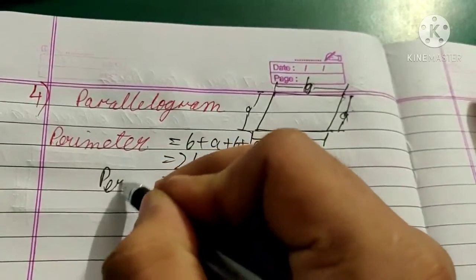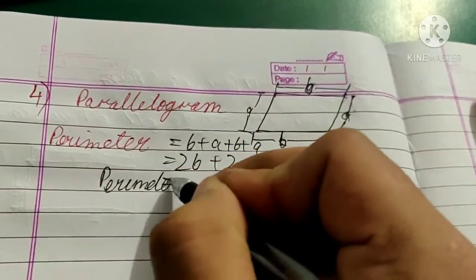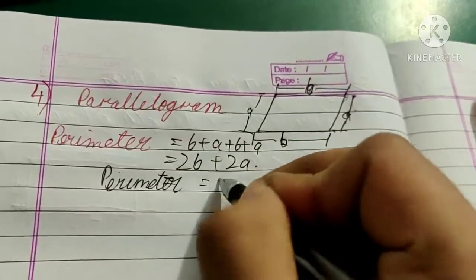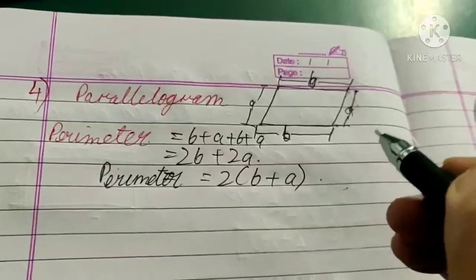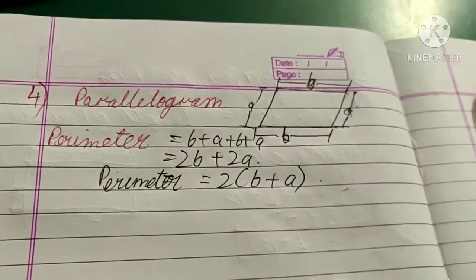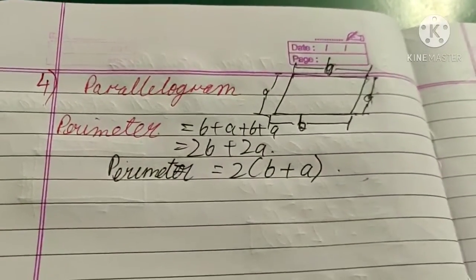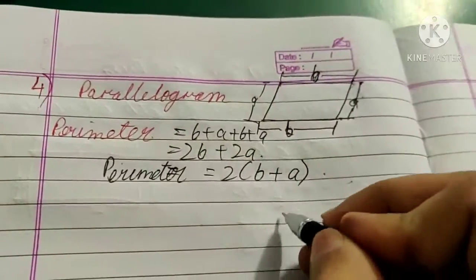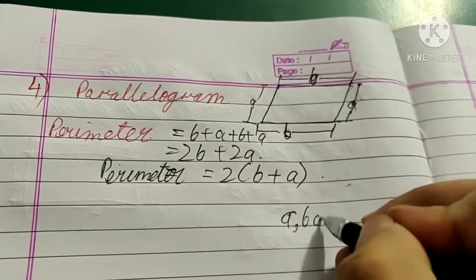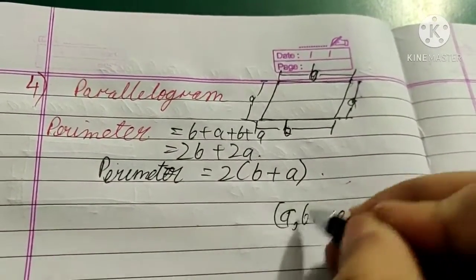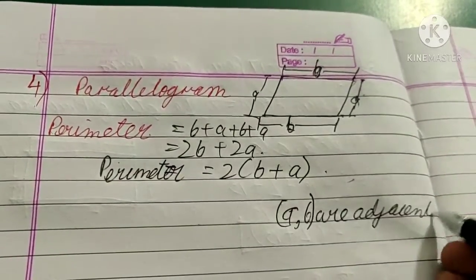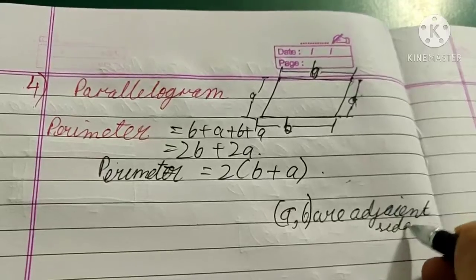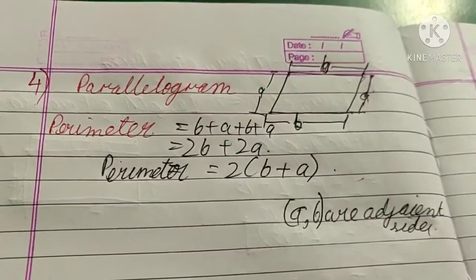So the perimeter is 2(A plus B), where A and B are the adjacent sides.